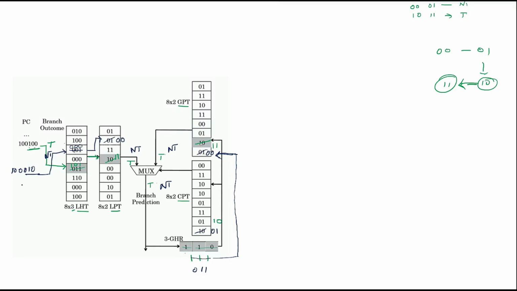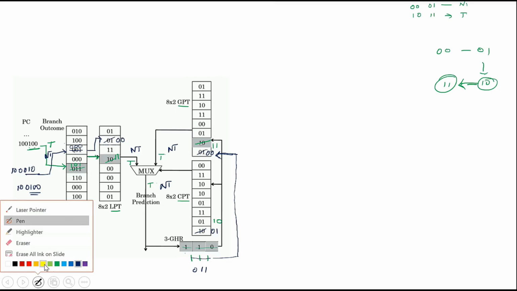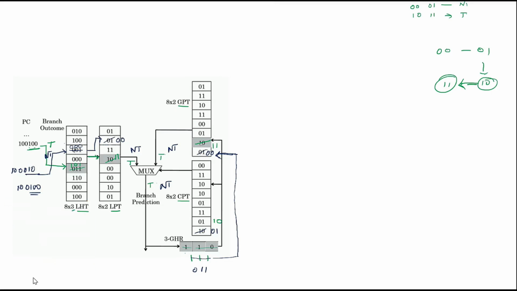Suppose again we assume the same case. I don't know what the output is going to be, but we will check it out. Suppose it is 100, so where does it go now? 101.